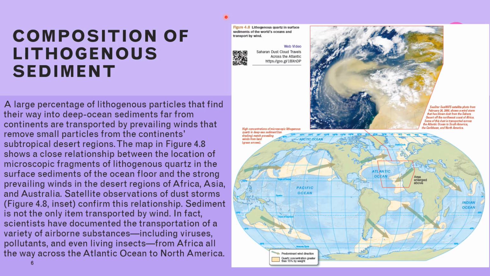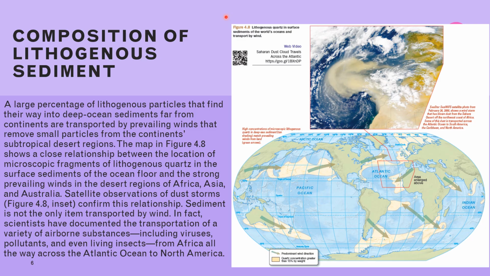They come into the deep ocean. Sediments far from continents are transported by prevailing winds that remove small particles from the continental subtropical desert regions. So this map in the figure shows a close relationship between the location of microscopic fragments of lithogenous quartz in the surface sediments of the ocean floor and the strong prevailing winds in the desert regions of Africa, Asia, and Australia.